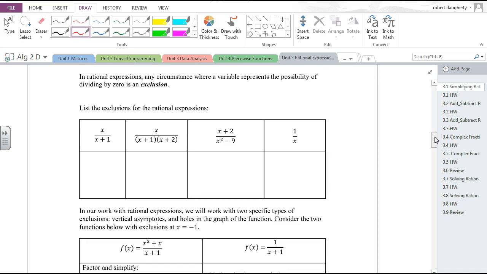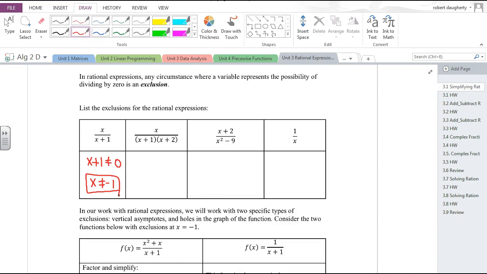So x plus 1 cannot be 0. That would make this expression undefined. So x cannot be what? Negative 1, okay? So this is my exclusion. X cannot be negative 1 in this expression. This expression is undefined if x is negative 1, okay?